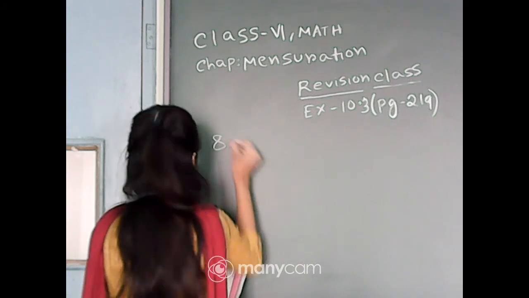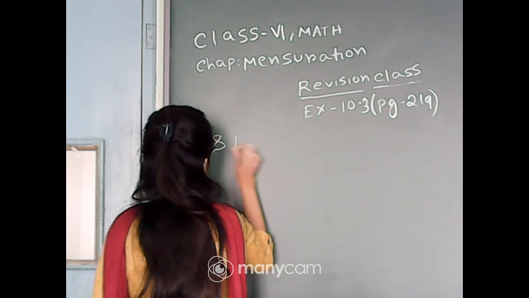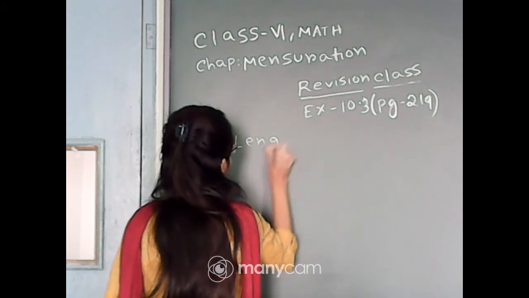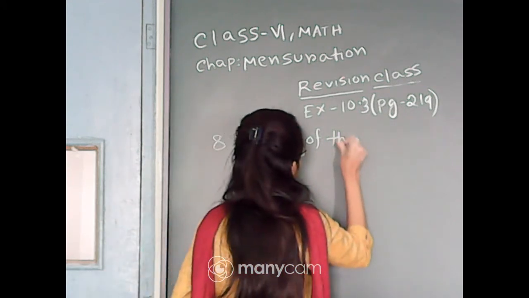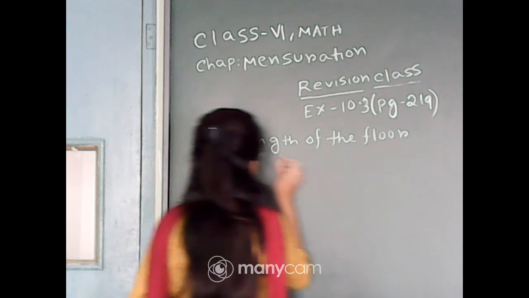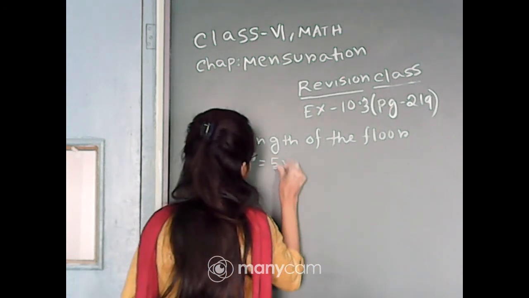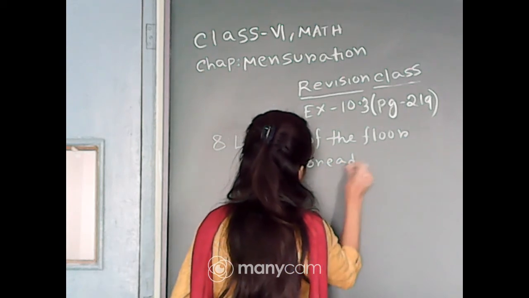Here, length of the floor is equal to 5 meter and breadth is equal to 4 meter.